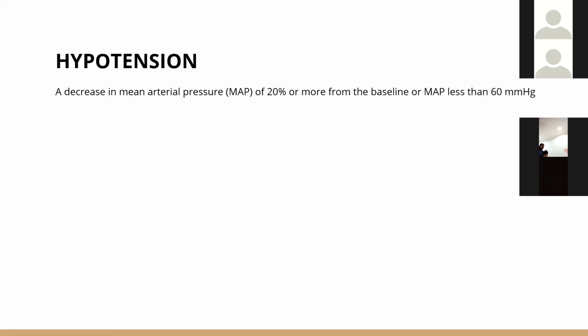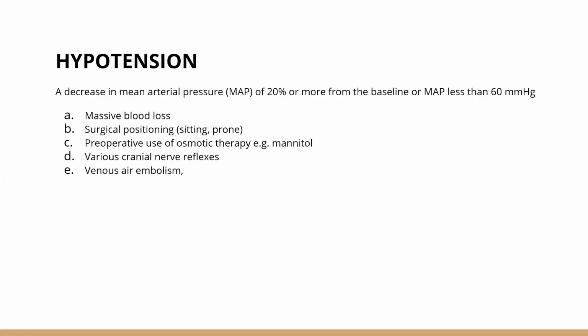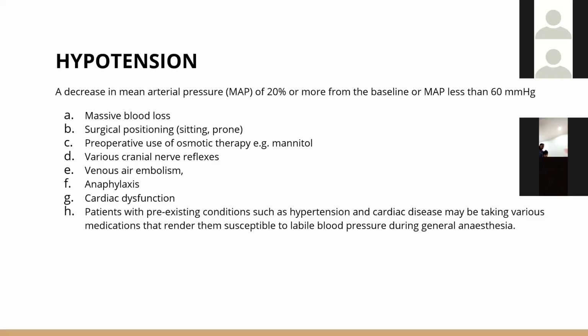The reasons are massive blood loss, surgical positioning, sitting or prone, perioperative use of osmotic therapy like mannitol or hypertonic saline, then various cranial nerve reflexes as we studied, venous air embolism, anaphylaxis, cardiac dysfunction, a history of ischemic heart disease, or patients with pre-existing conditions like hypertension or cardiac disease or on various medicines. These all lead to hypotension during neurosurgery.